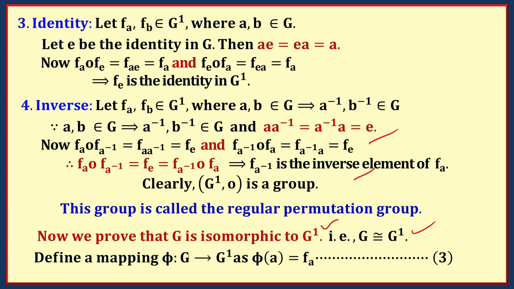Define a mapping pi from G to G' as pi of a is equal to f_a. Here G is the finite set with elements a, b, c and so on, and G' is the permutation group, the set of all permutations f_a, f_b, f_c. These are all permutations. So pi of a is equal to f_a. It is denoted by equation 3.